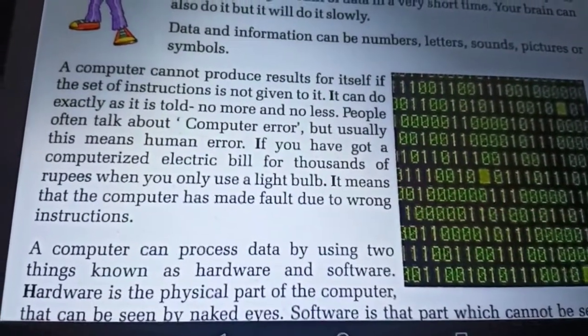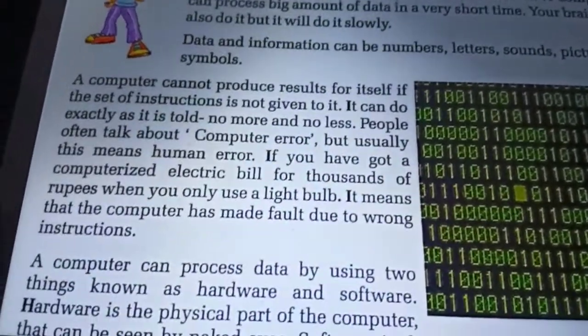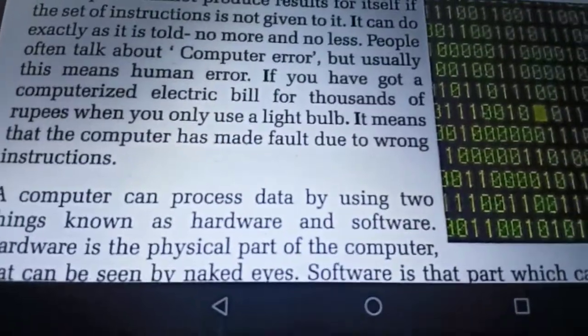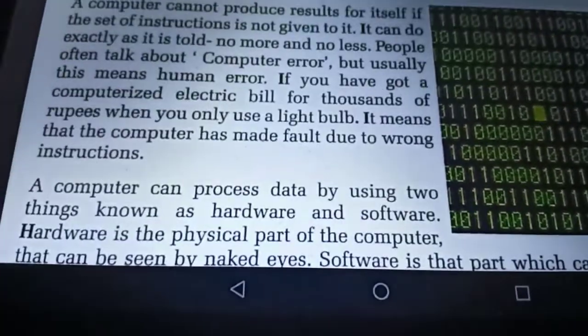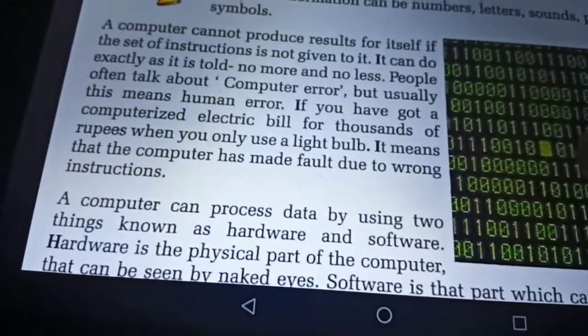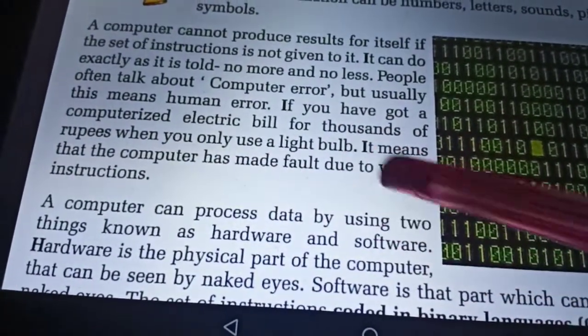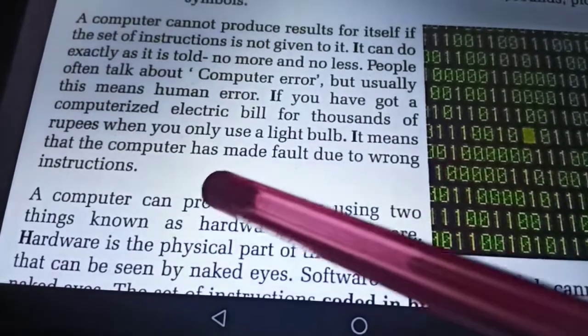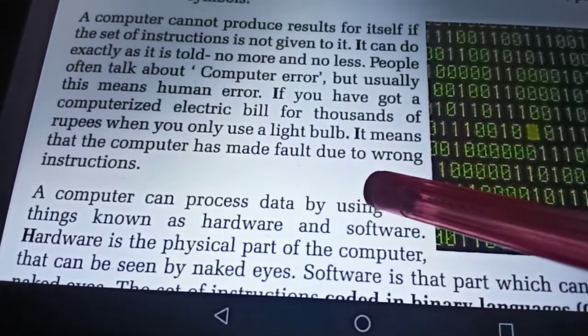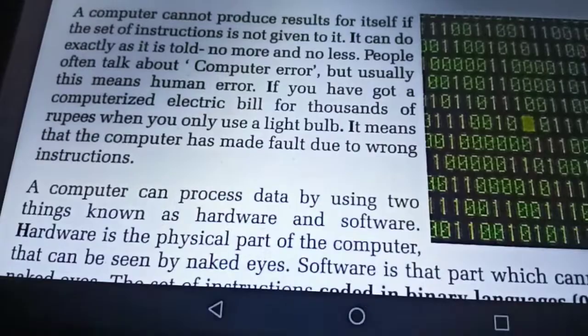If you have got a computerized electric bill for thousands of rupees, when you only use a light bulb, it means that the computer has made a fault due to wrong instructions.